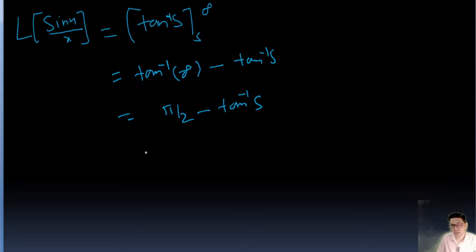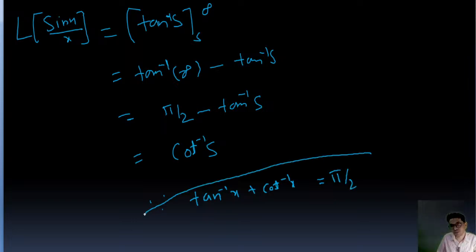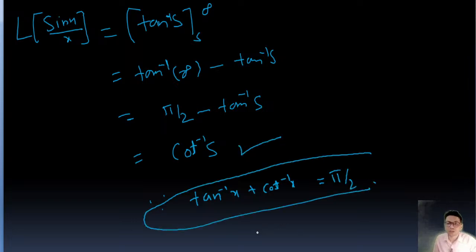Okay, and this value we know, this value is cot inverse s. Okay, because we know tan inverse x plus cot inverse x is pi by 2, right? This we know. From here this value is cot inverse s. Okay, I hope you understood it. Now next question we are going to solve.